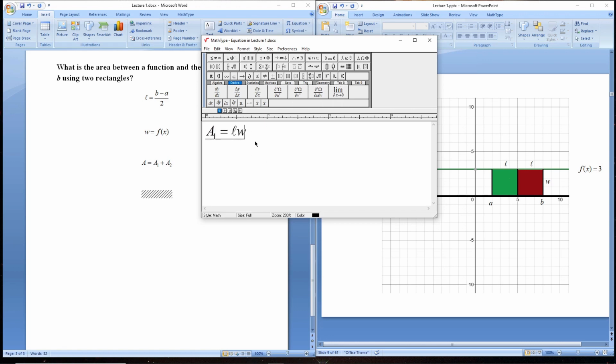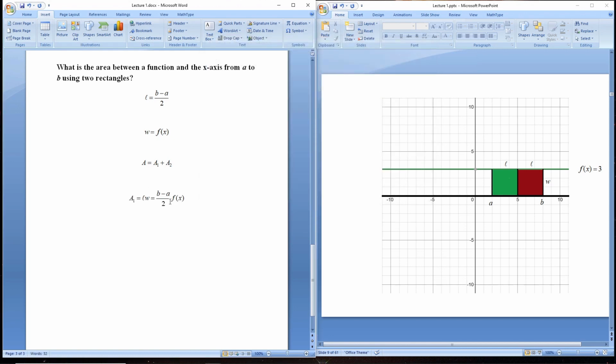But we also have now our new expressions for length and width. So if we look over here, our expression now for length is b minus a over 2, and w is still our function. And this would be our expression then for the green rectangle.